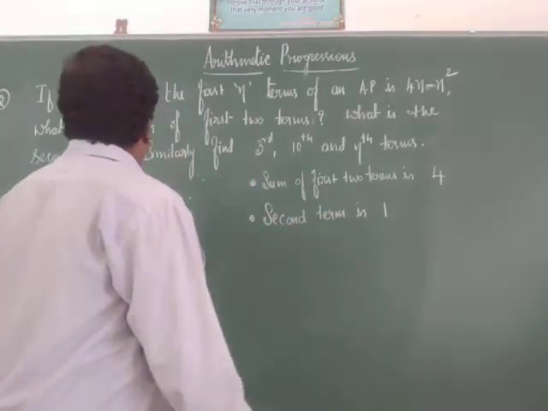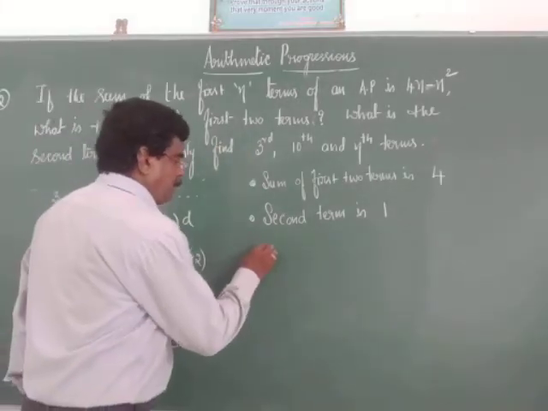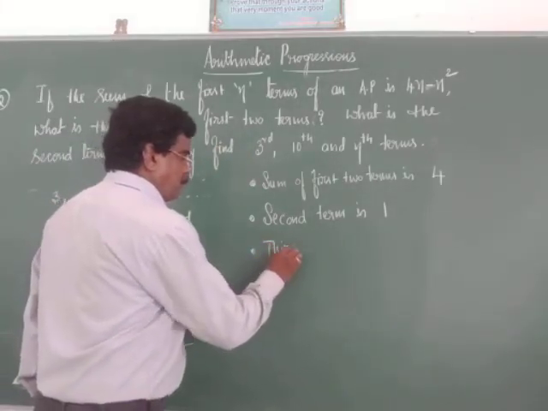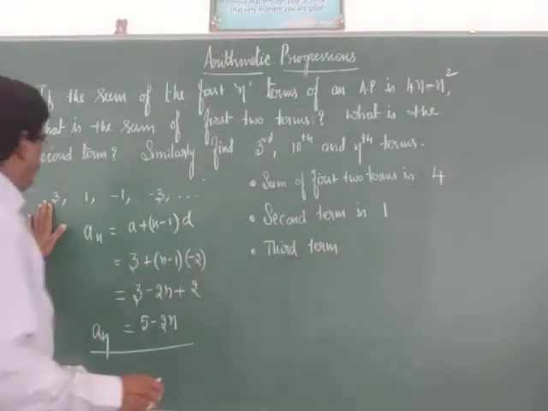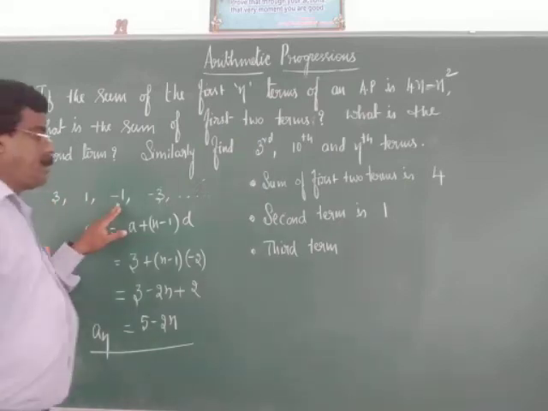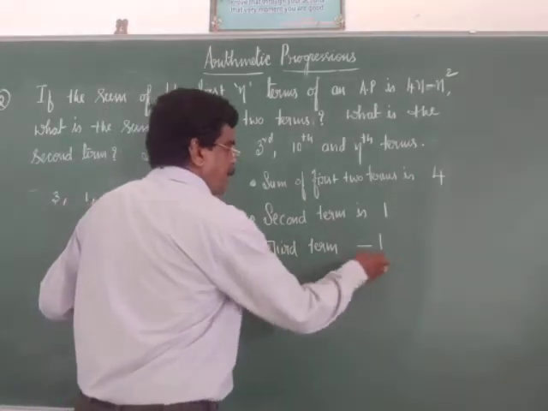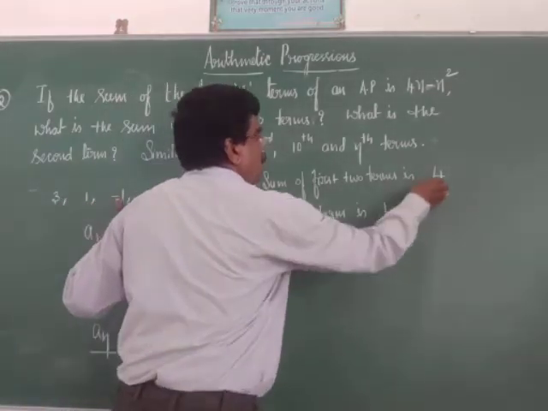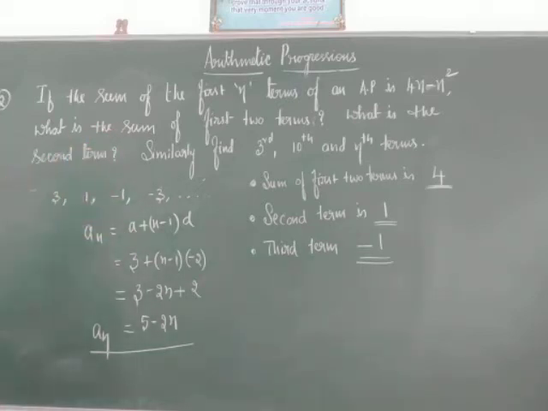And the next question is, similarly find the third term. Third term means here only you can see. First term is 3, second term is 1, third term is minus 1. You can underline this. Okay? Third term is minus 1.